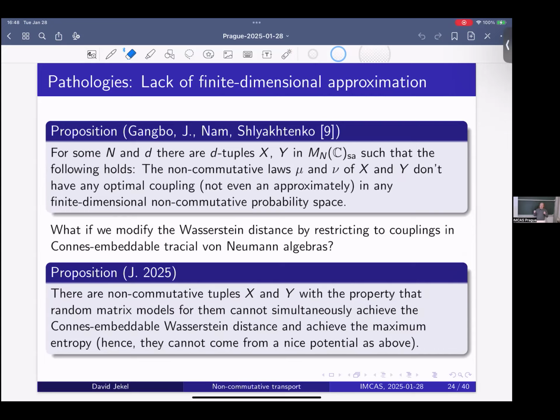Meaning, if you had a random matrix model that had this nice potential V, then this random matrix model would have high entropy. It would asymptotically realize the microstate free entropy of Voiculescu for these models. Basically, there's some kind of obstruction where, in certain cases, you can't make the matrix models have high enough entropy and also have small enough Wasserstein distance to do what you want.